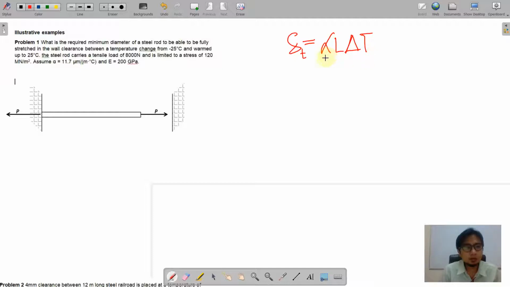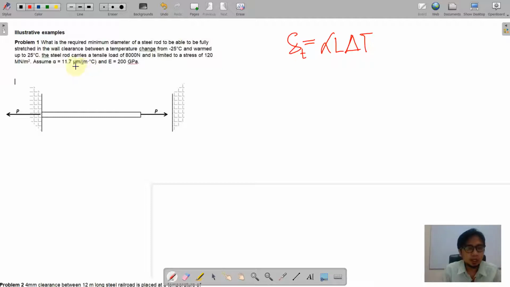For alpha, as we can see, it is expressed in micrometer per meter degree Celsius. So we need to express a consistent unit between the numerator and the denominator here.